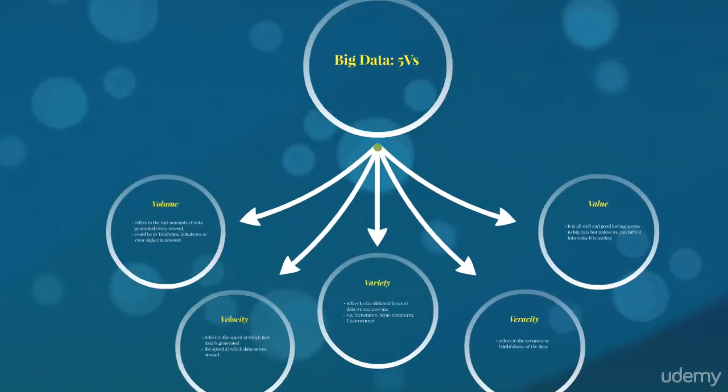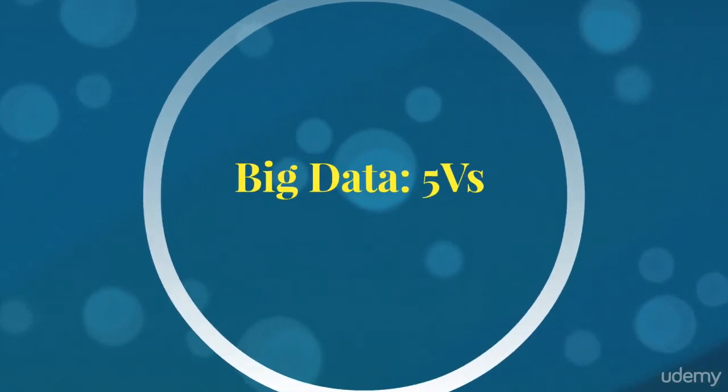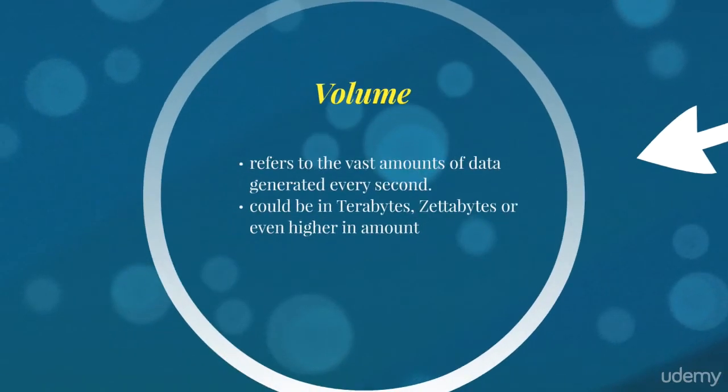Okay, if you look at these big data, they are often described using 5 V's: volume, velocity, variety, veracity, and value. Let's have a look at these terms individually. Volume refers to the vast amounts of data generated every second. Just think of all emails, Twitter messages, photos, video clips, sensor data, etc. we produce and share every second.